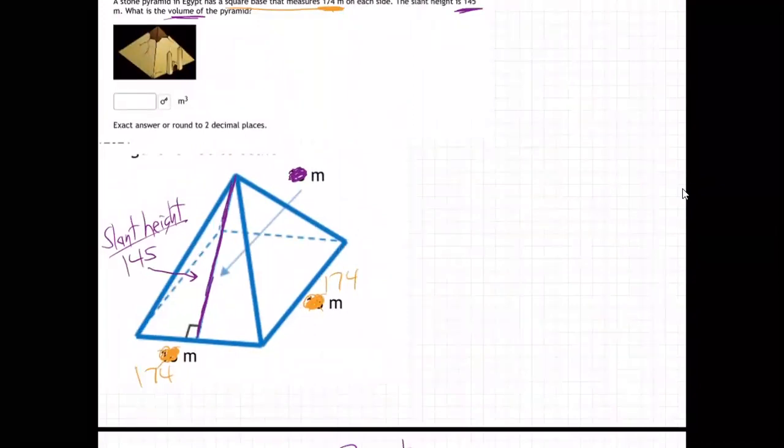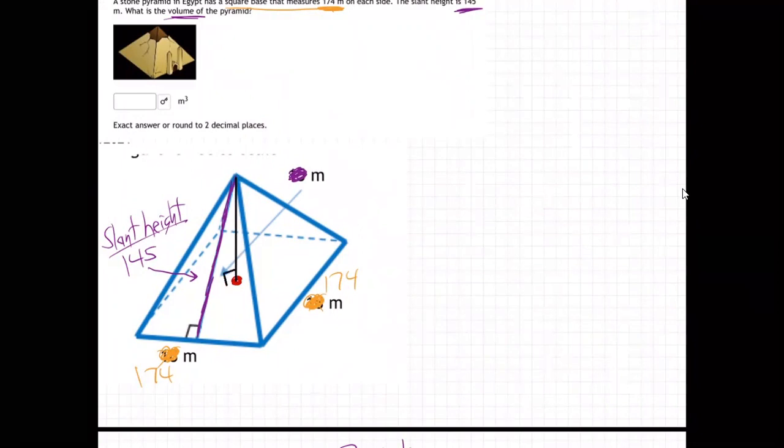So that's our first order of business. We've got to find the real height. Let me draw it. If you put a dot right in the middle of the pyramid and draw a line straight down to it, that's the real height right there. That's at 90 degrees.